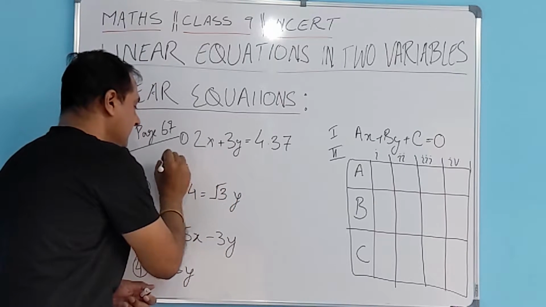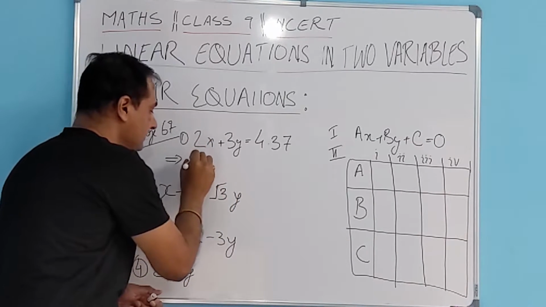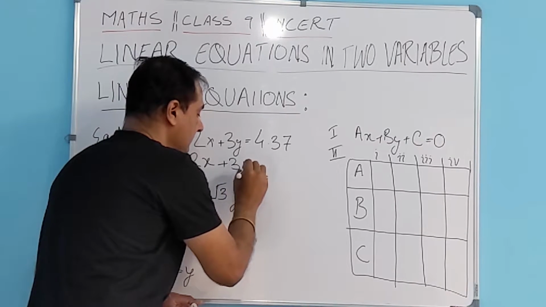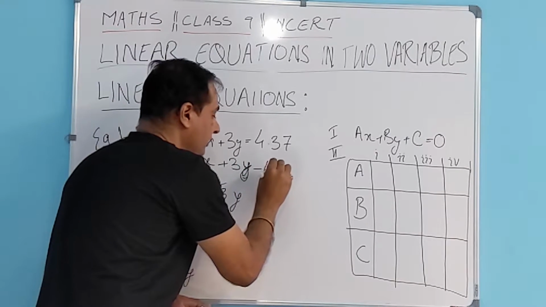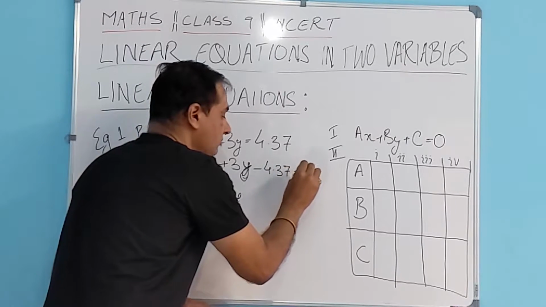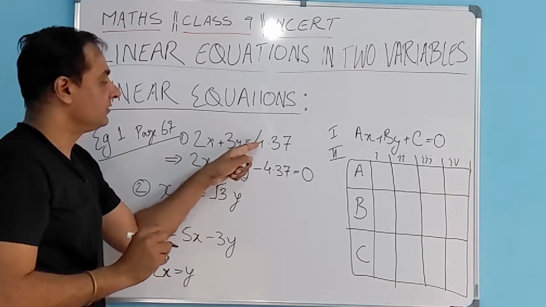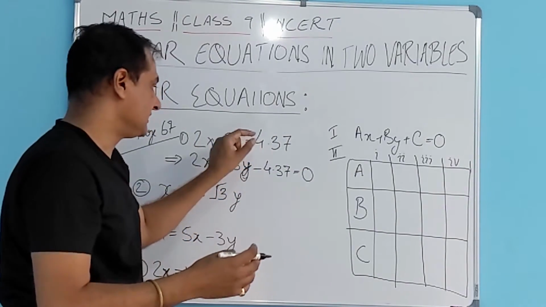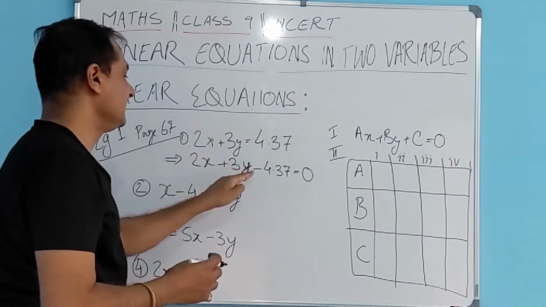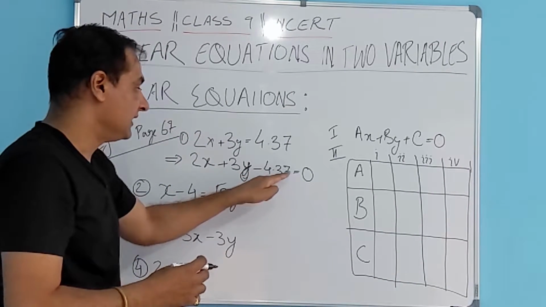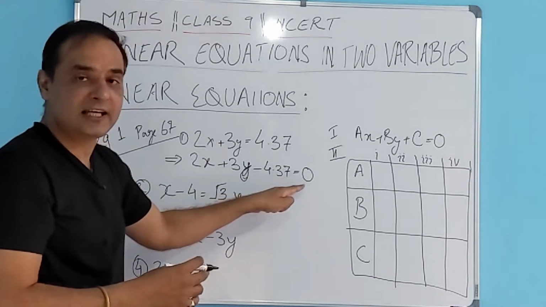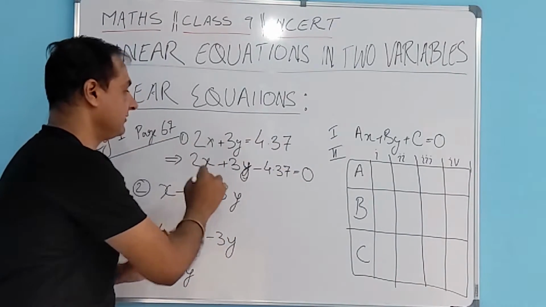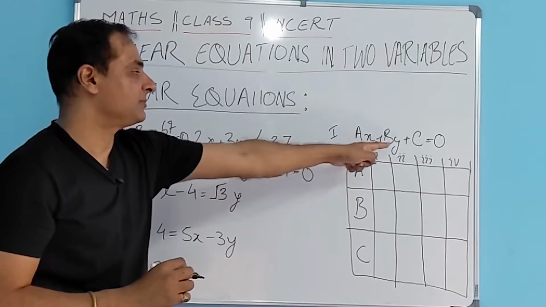It implies 2x plus 3y minus 4.37 equals to 0. So we subtract 4.37 from both sides, or in other words, when 4.37 comes to this side, it comes with a minus sign, and here we'll be left with 0. So this will be the form we will have in ax plus by plus c terms.